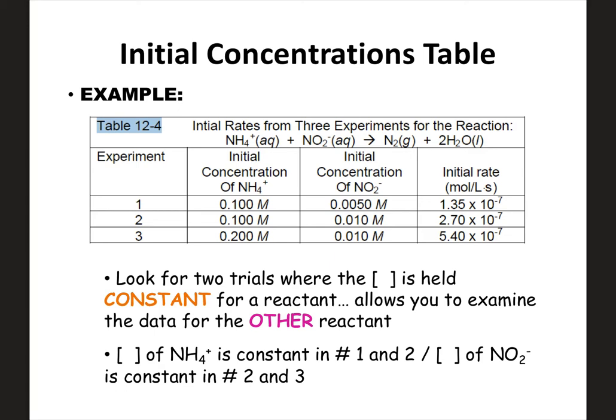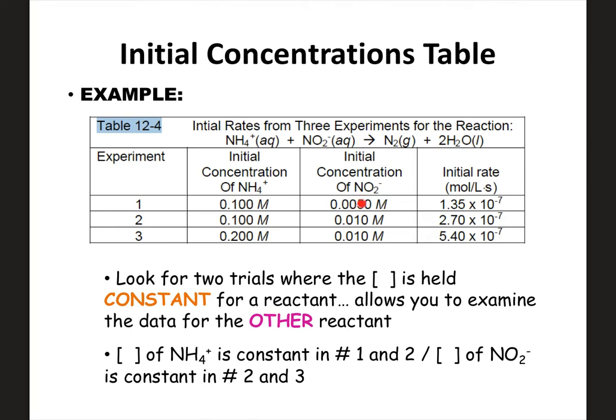If you notice, we already pointed this out. The concentration of NH4 plus is constant in experiments 1 and 2, so it's 0.1 molar in both, and the concentration of the NO2 minus is constant in experiments 2 and 3. So if I look at experiments 1 and 2, the concentration of NH4 plus is constant.